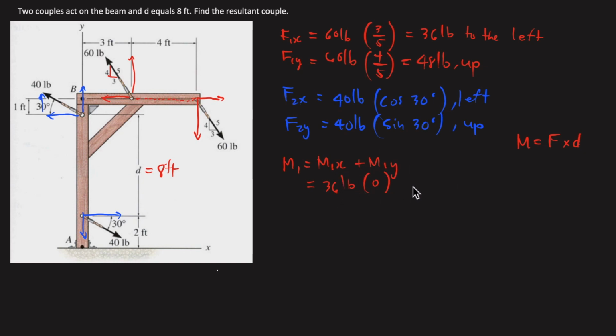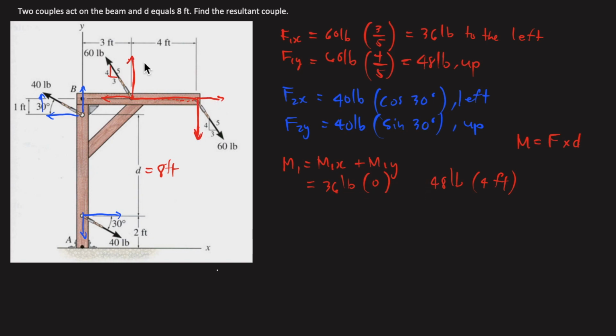And now for the M1y, that's 48 pounds. The separation distance that is perpendicular with this force is this 4 feet, right? Since they are separated 4 feet apart, we can put 4 feet here as the separation distance. It's important for us to consider the direction of rotation. It can be clockwise or counterclockwise.